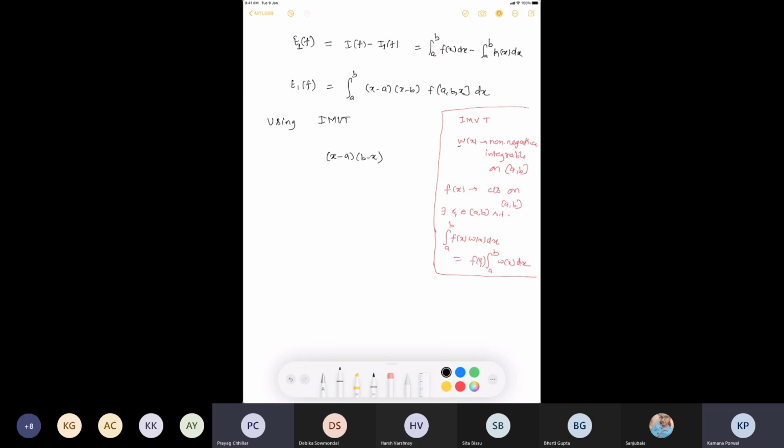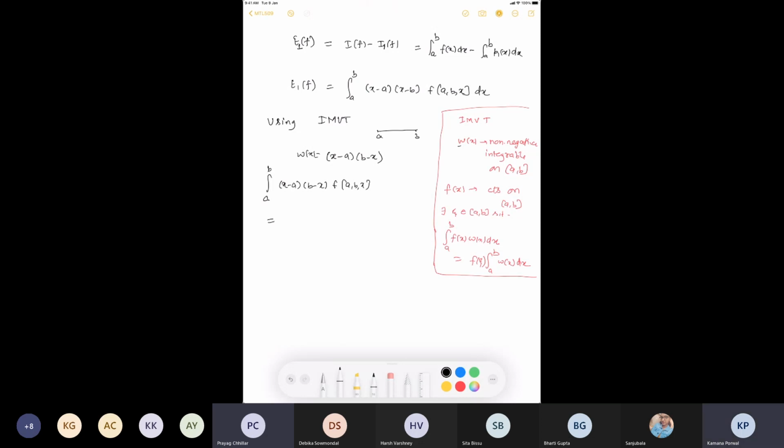Can I take this as w(x)? Yes, it is non-negative if x is in the interval a to b. So I can apply the mean value theorem to this term, (x minus a)(b minus x) times f[a, b, x], from a to b.